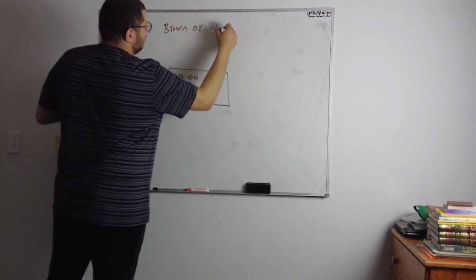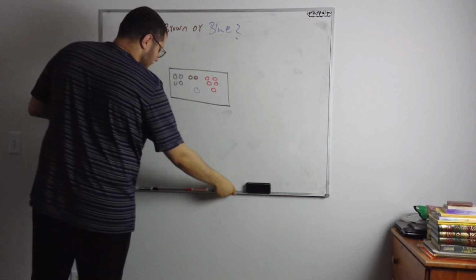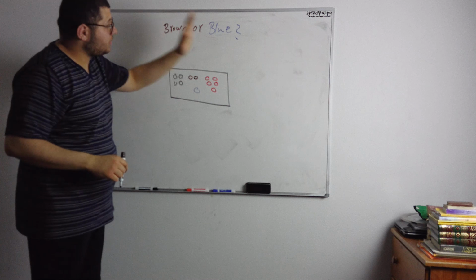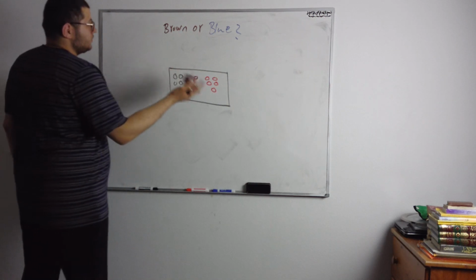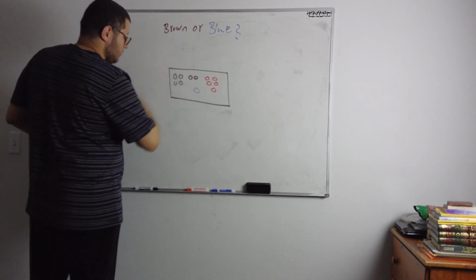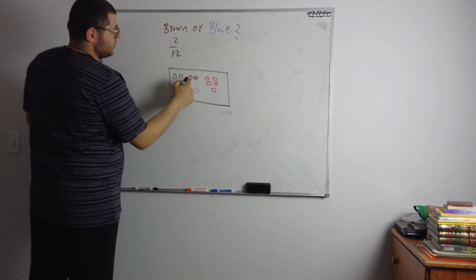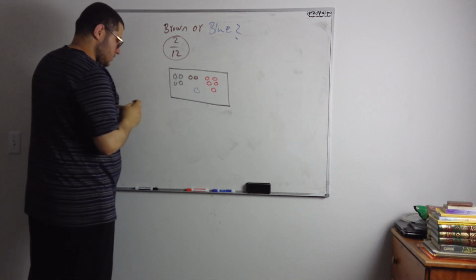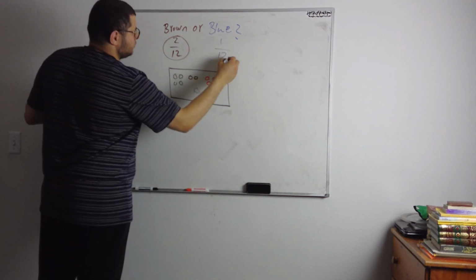What is the probability that I'm gonna pick either a brown or blue? Okay, easy. I find the probability that I'm gonna pick a brown, and the probability that I'm gonna pick a blue, add them together, and we find the combined probability, because he's asking for more than one thing at a time. So the brown is 2 marbles out of the total 12. And the blue is 1 marble out of the whole 12 marbles.